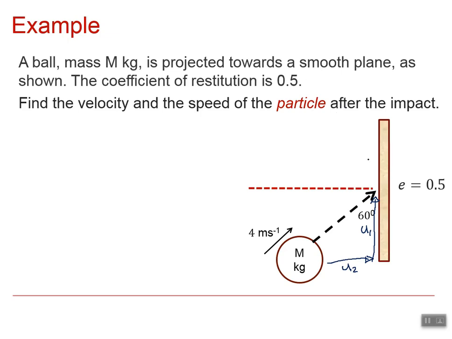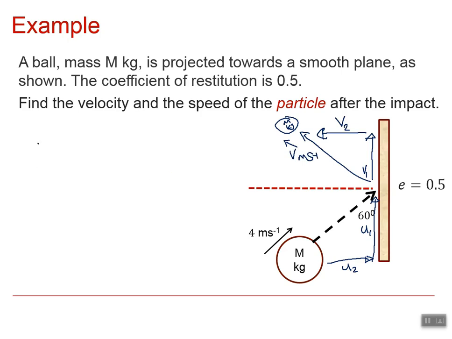We also need to add on V1, which we know remains unchanged, the speed parallel to the plane doesn't change, and V2, which is going to be our perpendicular speed after impact. This is where our particle is going to be heading, with a speed of v meters per second.